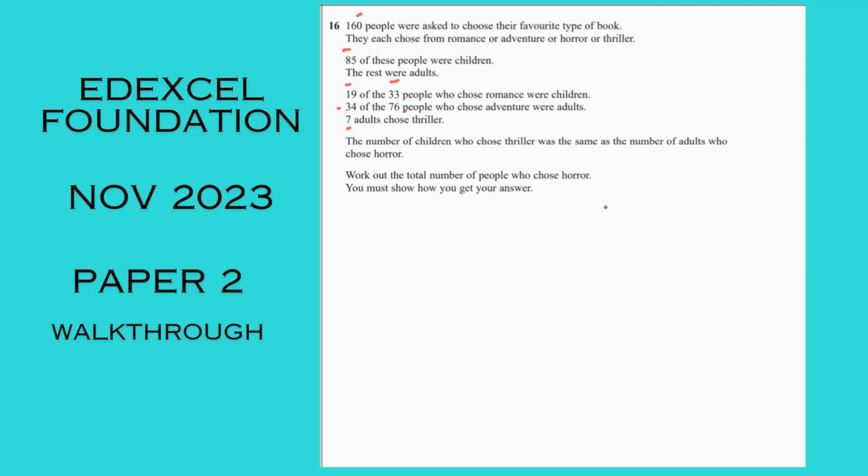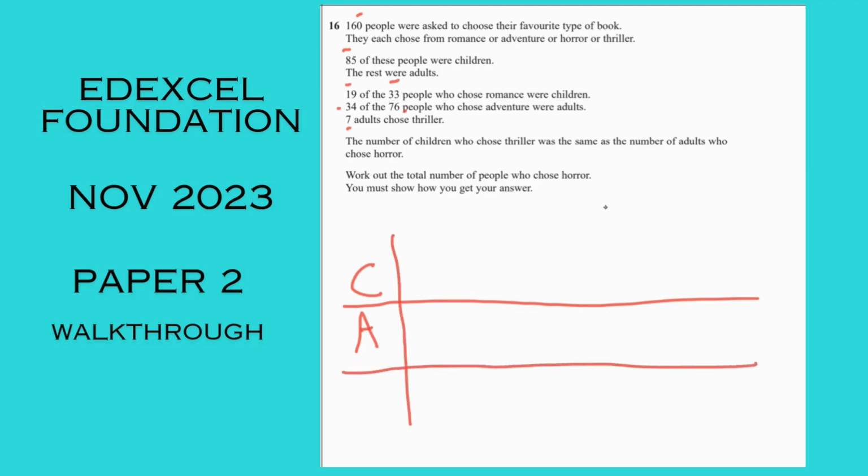Sometimes you could think Venn diagram, you could think probability tree, and so on. But when you've got loads of information like that, only one thing will work. Two-way table. So, children and adults with totals at the bottom.